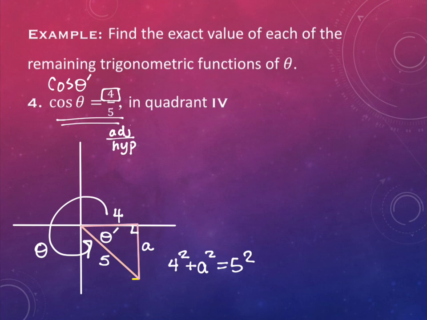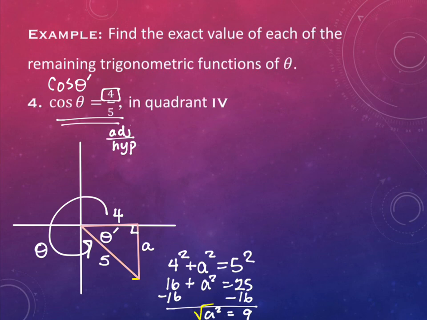Thank you. 4 squared plus A squared equals 5 squared. So 4 squared is 16 and 25. So when I subtract this, I have A squared is equal to 9. So Braden's already telling me I should be getting 3, and he's close to right.